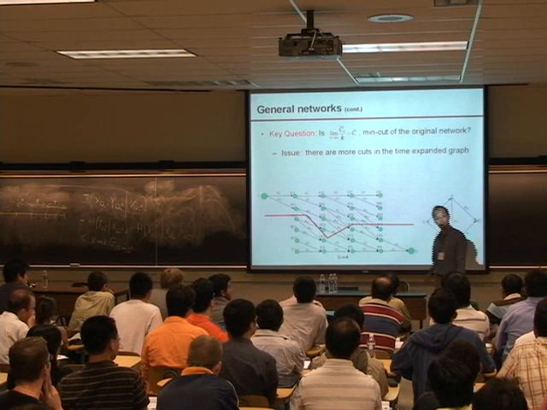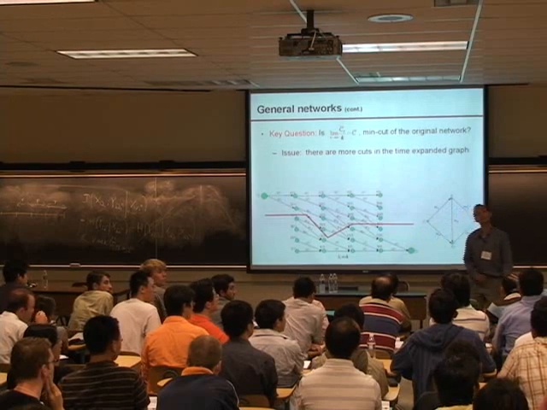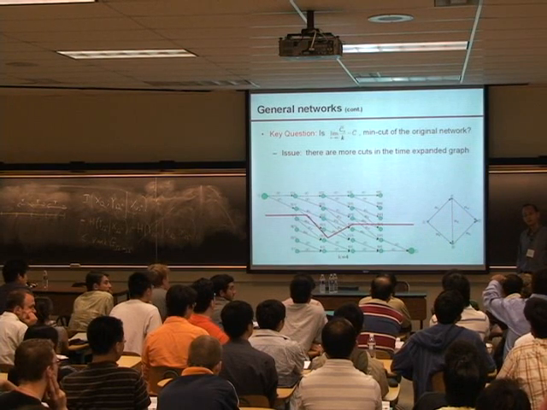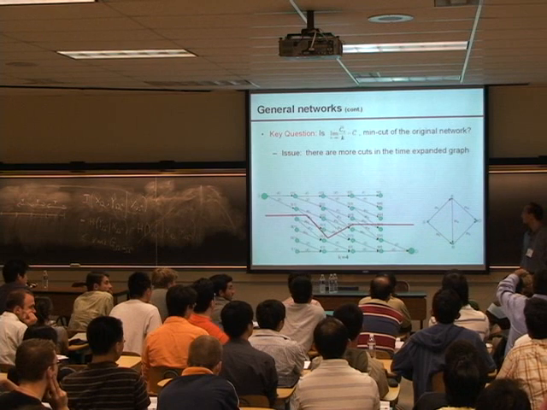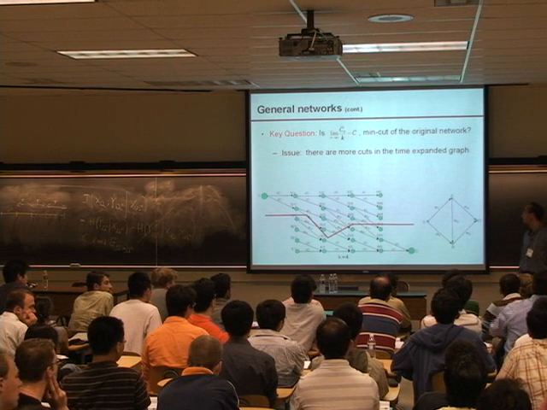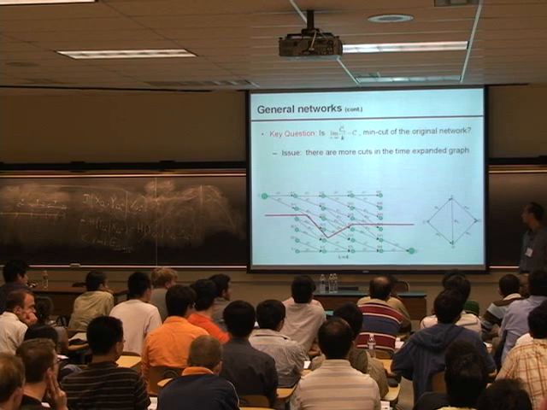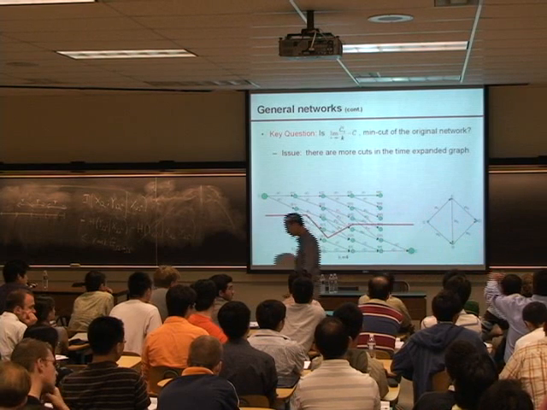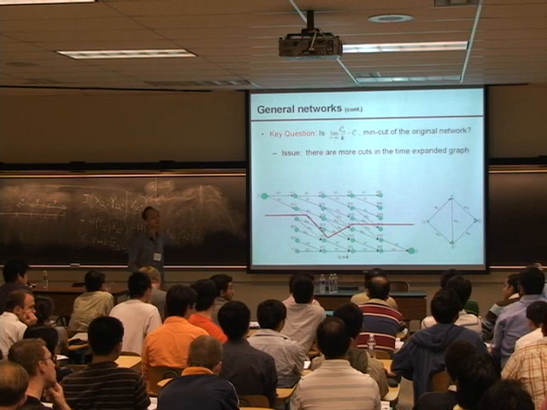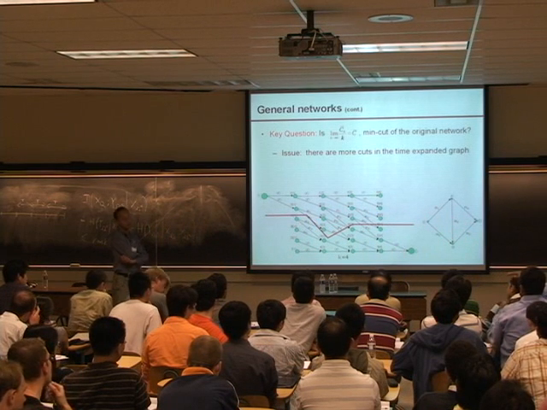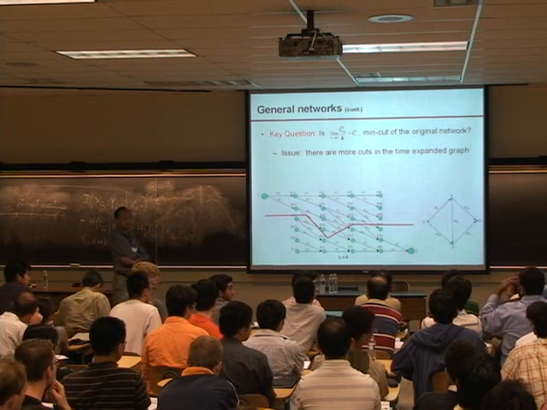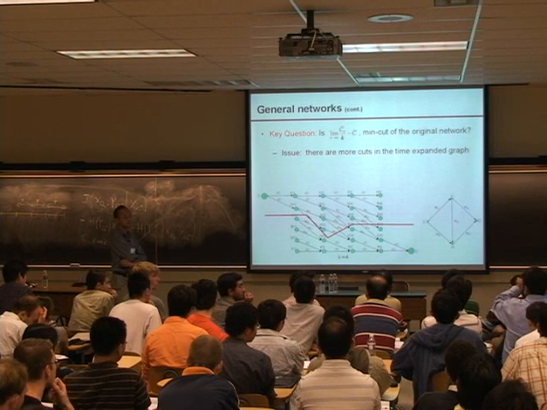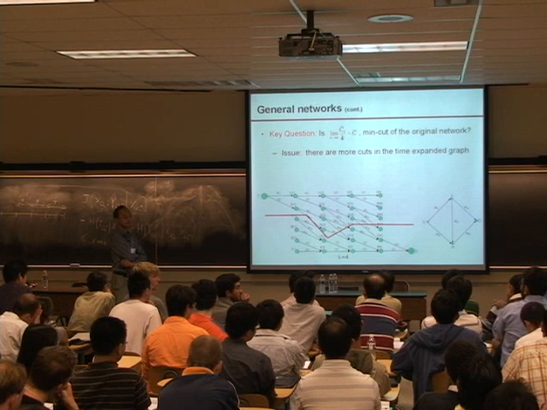Yes? What should be the least number of layers in this graph? What is the relationship of the least number of layers with the actual graph, in the layered graph? What do you mean by the least number of layers? What I'm saying is that you have transformed the original graph into a layered graph. If there are not a sufficient number of layers in the layered graph, you might not find the min cut of the original graph in the layered graph.